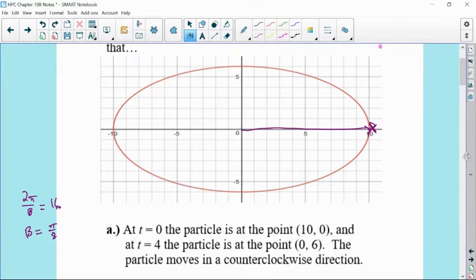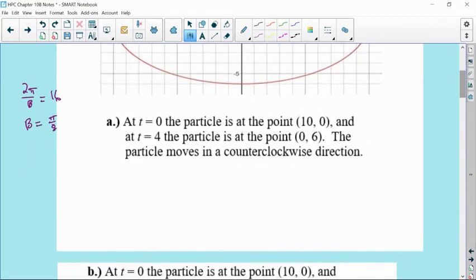So I know that, and it's stretched by a factor of 10. So x is going to equal 10 cosine of pi over 8 t, and then the y value would be 6 sine of pi over 8 t.